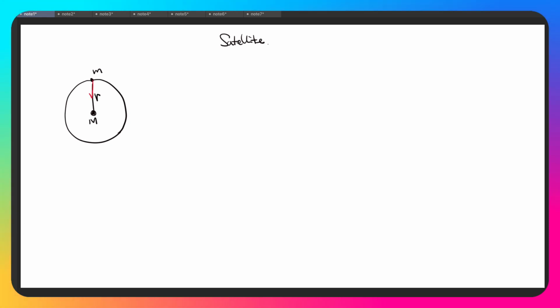The only force acting on the satellite is the gravitational force Fg, and the magnitude here is G M m over r squared equals m a_r, right, according to Newton's second law. And a_r is v squared over r. Okay, so these are the two equations we can write down for circular motion.